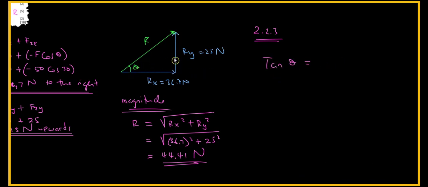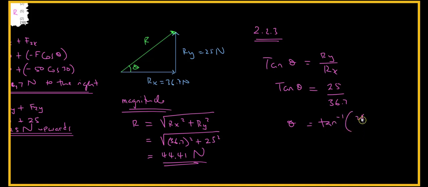This side is opposite to my angle, so Ry over Rx, which is equal to 25 over 36.7. Therefore my theta is equal to the tan inverse of 25 over 36.7.